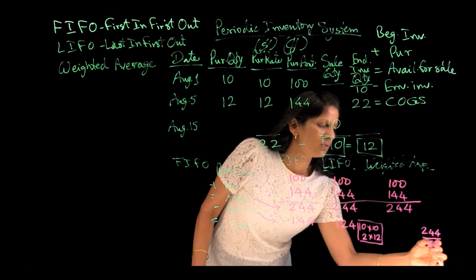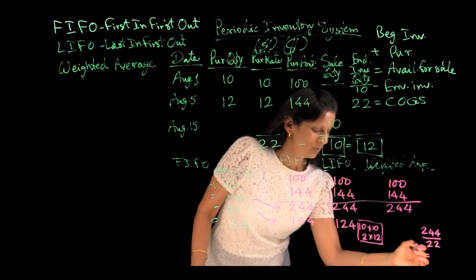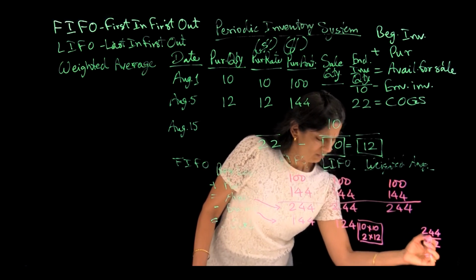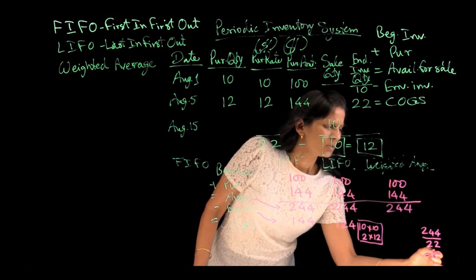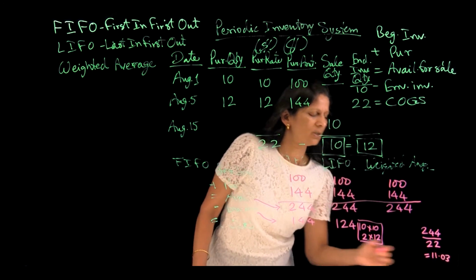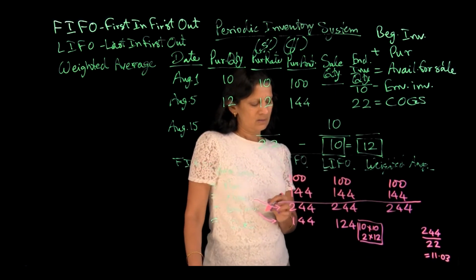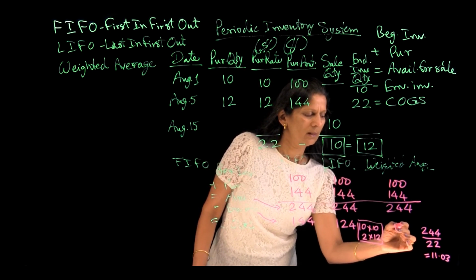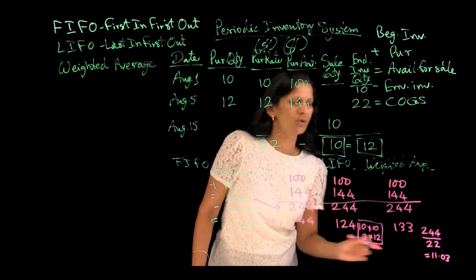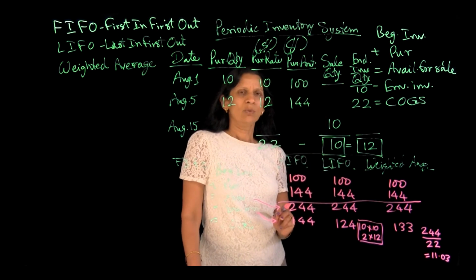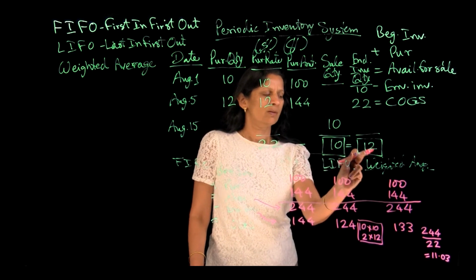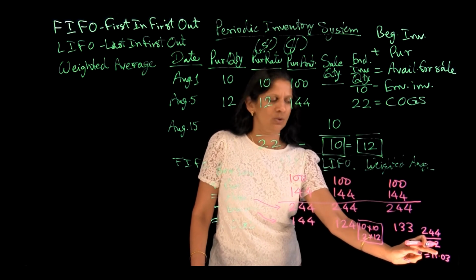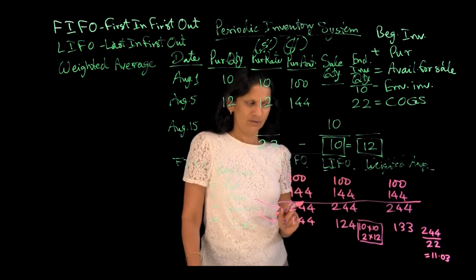So 244 divided by 22 is 11 point something, I believe. So 11.03 or something like that. And in this way 133 will be my inventory cost. What did I do? My inventory is 12, so 12 times 11.03 is 133.